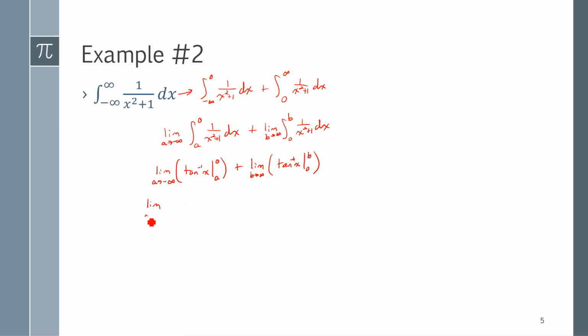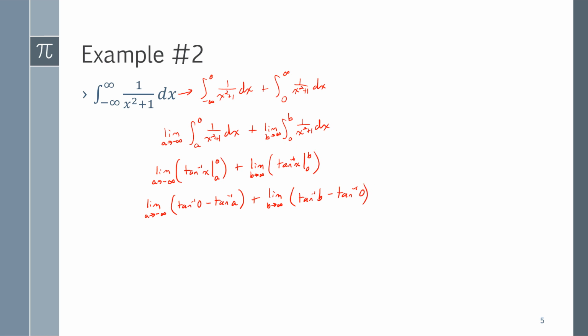So I have the inverse tangent of 0 minus the inverse tangent of a, and I have my limit as b is going to positive infinity, inverse tangent of b minus the inverse tangent of 0.